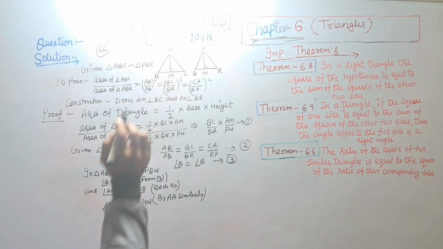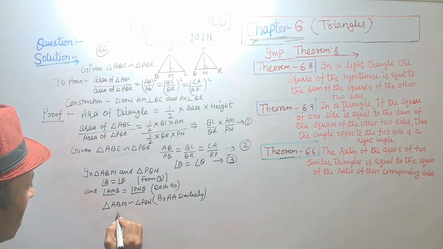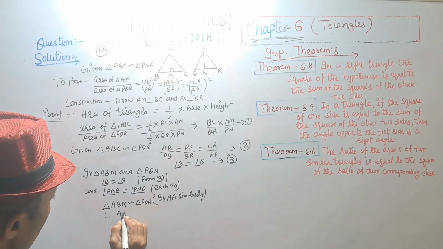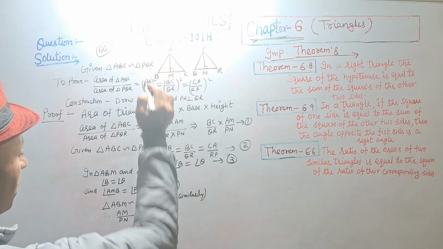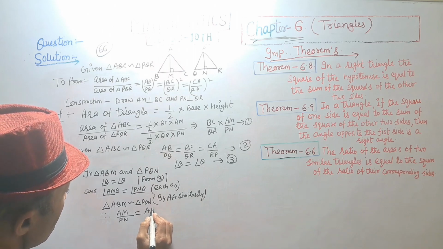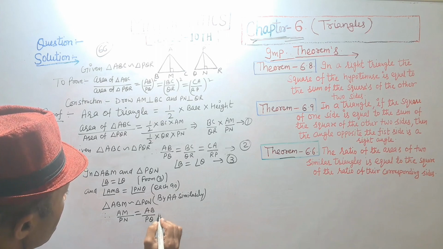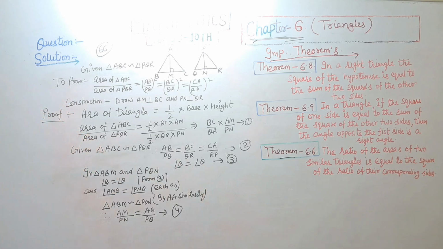So sides are proportional, and AM upon PN is equal to AB upon PQ. It's equation number 4.